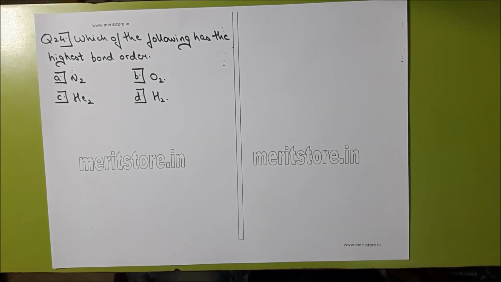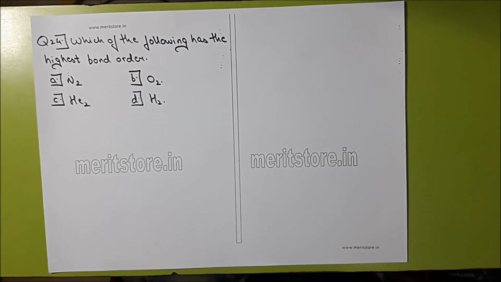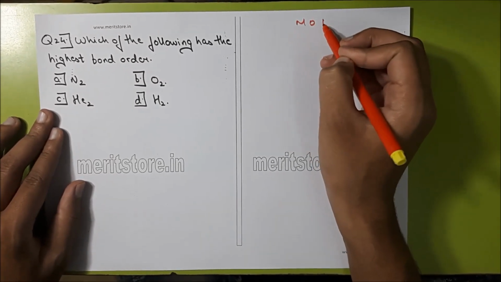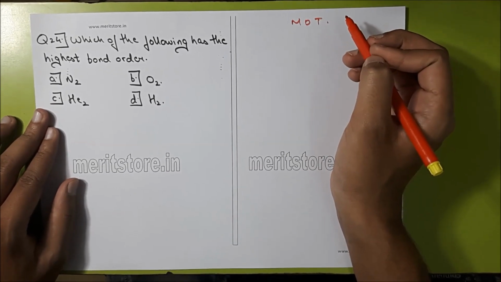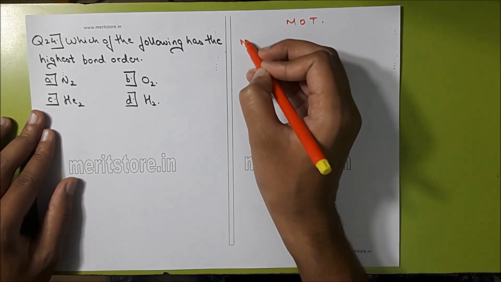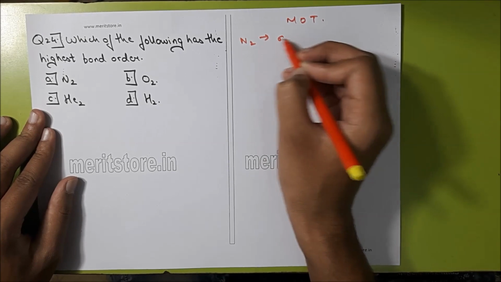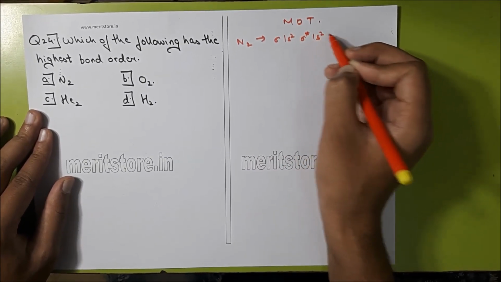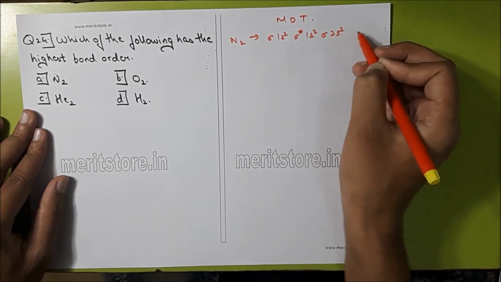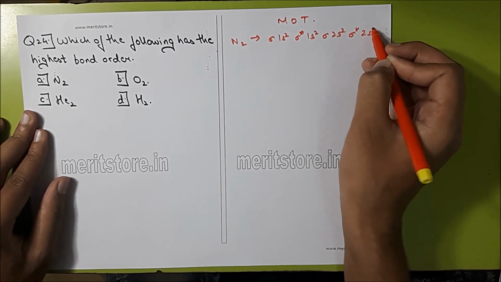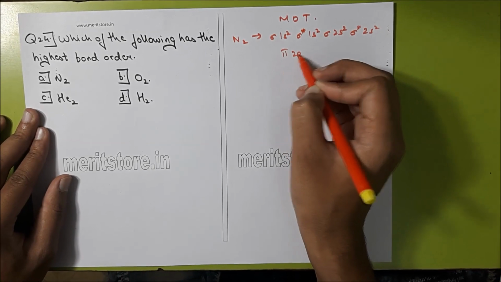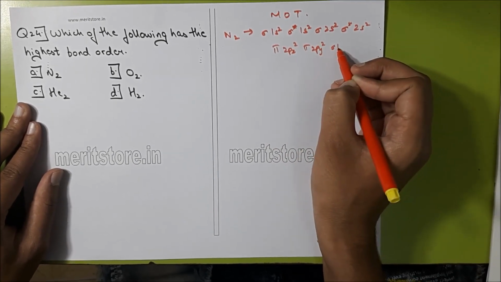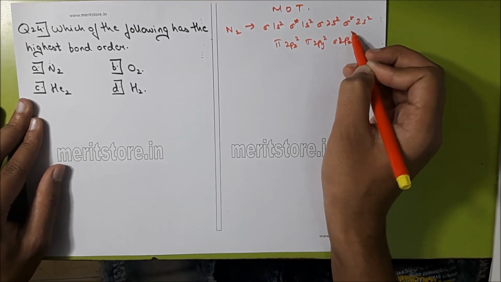Question number 24. Which of the following has the highest bond order? To find the bond order by molecular orbital theory, the molecular orbital configuration of N2 is sigma 1s2, sigma star 1s2, sigma 2s2, then sigma star 2s2, pi 2px2, pi 2py2, then sigma 2pz2.